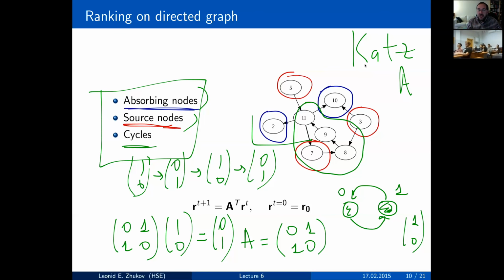In order to make this work, you need to do a lot of fixing with the graph. Interestingly enough, Brin and Page in their paper did all that fixing. They never talked about that fixing, but they introduced a method that implicitly solves this problem. And that's what we're going to talk about today.